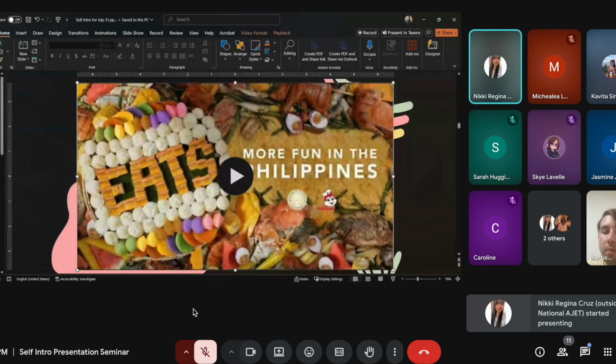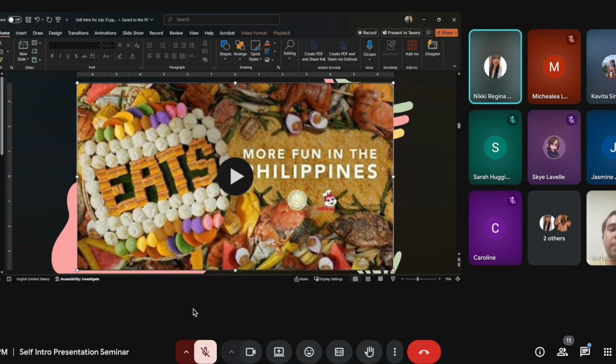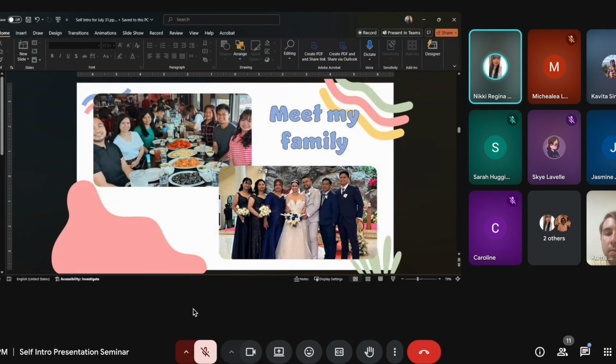Now let's play a mini game. So I want you to meet my family. So in my family, we have 4 engineers. So can you guess which of the 7 people here are the 4 engineers?